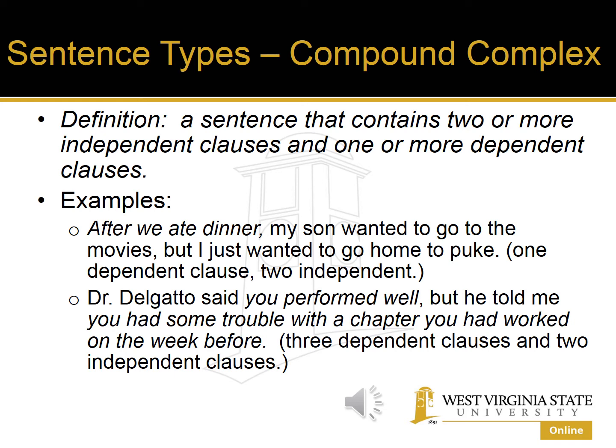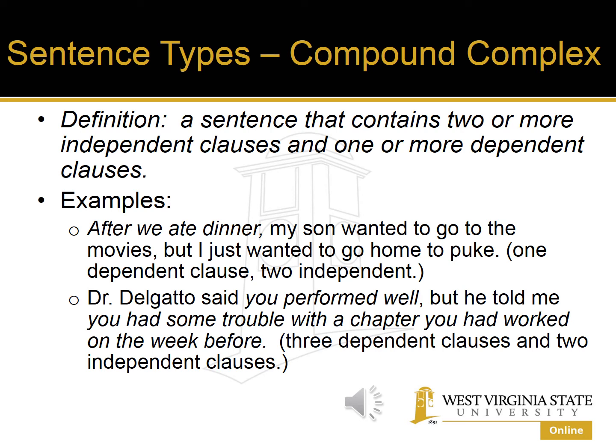After we ate dinner. After we ate dinner is a dependent clause. It starts with a subordinate conjunction. The subject is we. The verb is ate. My son wanted to go to the movies. My son wanted to go to the movies is an independent clause that expresses a complete thought.